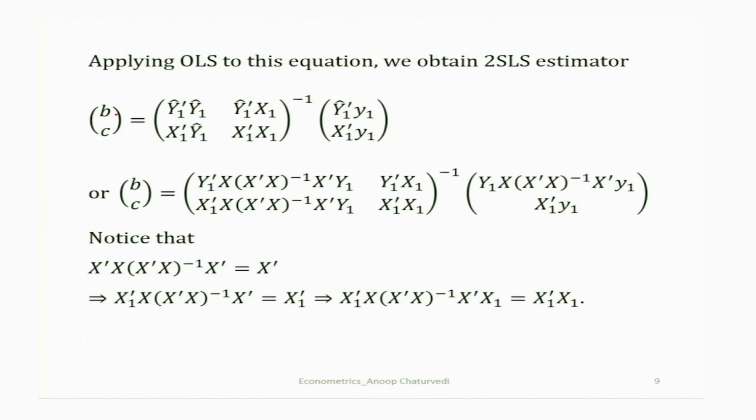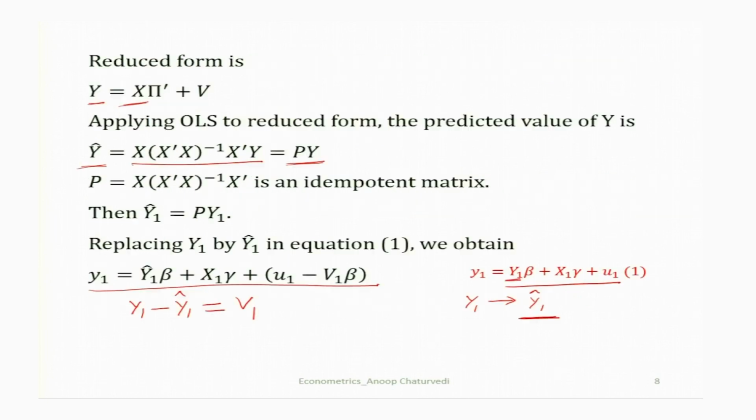estimator, say we denote it by B c. We can write y 1 equal to y 1 hat x 1 beta gamma plus, say, u 1 star, where u 1 star is equal to u 1 minus v 1 beta.